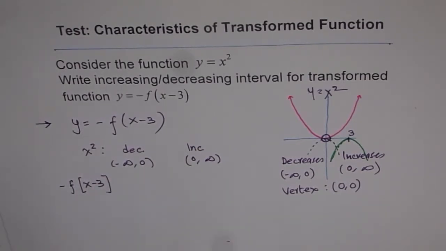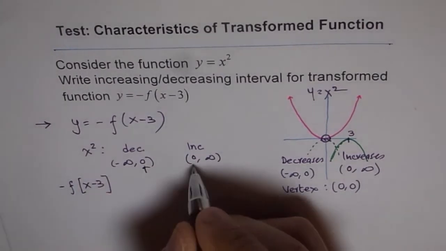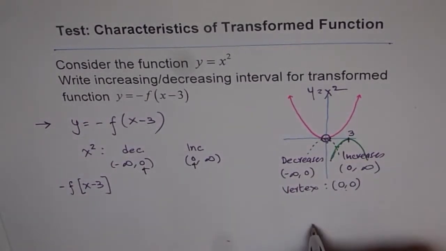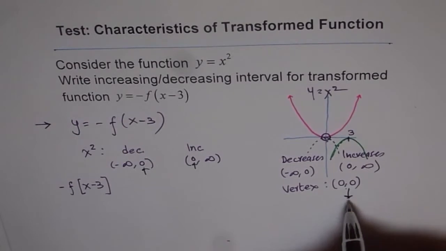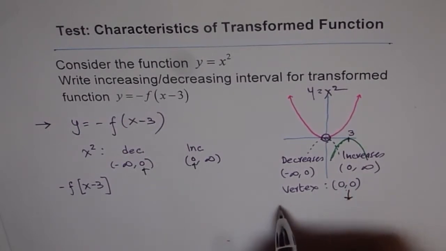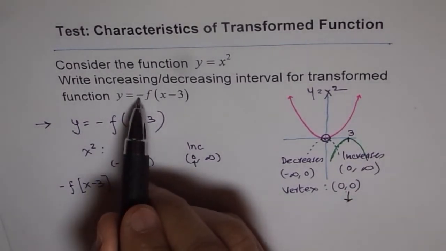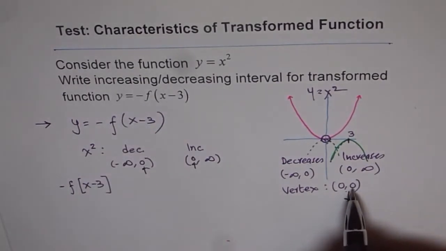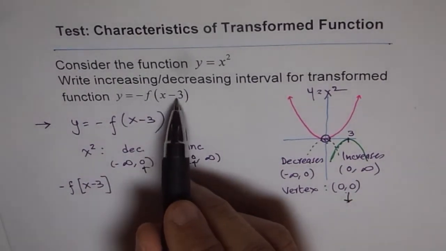Now in this particular function, what happens to the origin first, because this point (0, 0) is referring to the origin, right? Which is this vertex. So the vertex actually changes in our transformed function as the y value gets multiplied by minus, so that remains 0. And for the x value you have to add 3.